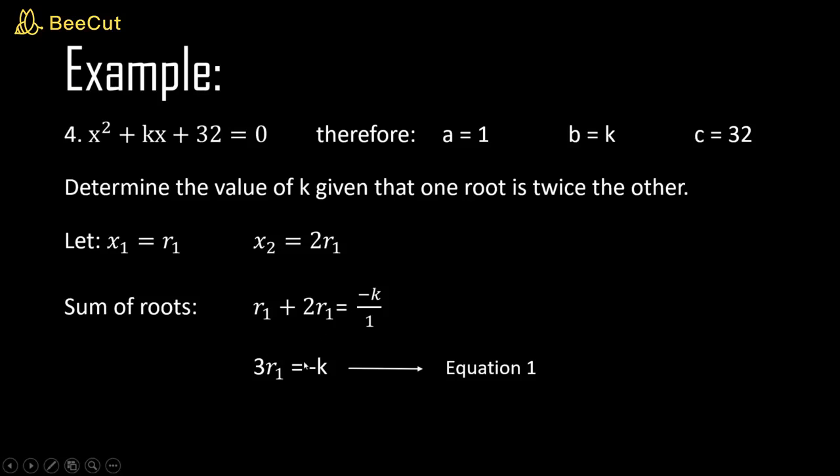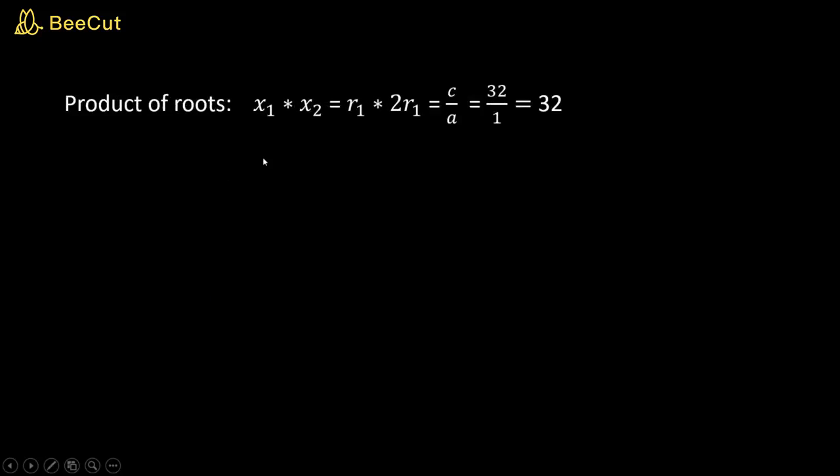Because we have two unknown variables, we cannot solve for k or r sub 1. So we have to move on to the product of roots, which is given by this formula. x sub 1 times x sub 2, which is r sub 1 times 2r sub 1, is equal to c over a, which is 32 over 1, or 32.